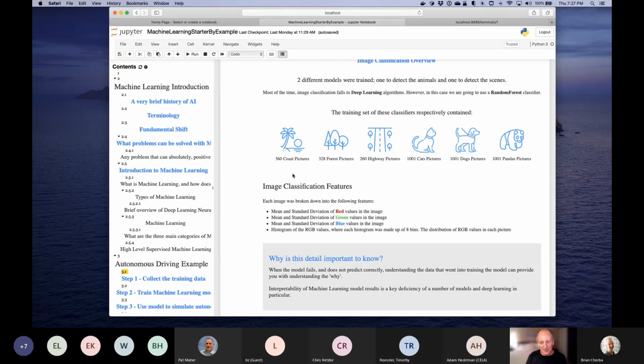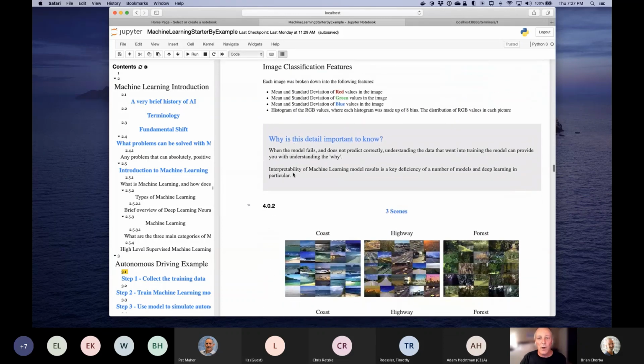And then there's another data set where I want to see if I could do the exact same idea and tell whether something is a picture of a cat, a dog, or a panda. So let's see. And you might be thinking, why is this detail of how I'm collecting and using the data in my machine learning so important? Well, this gets to some of the discussion about explainability.